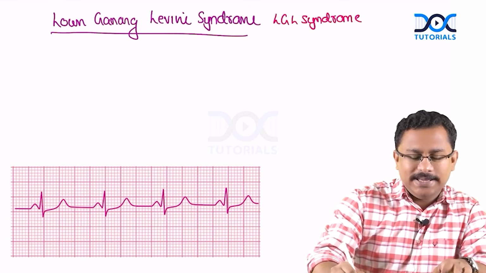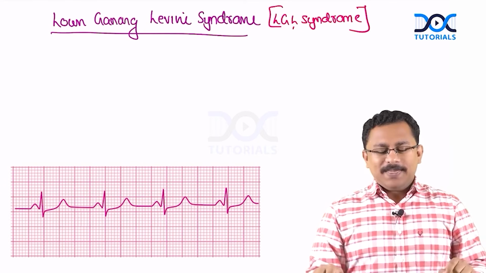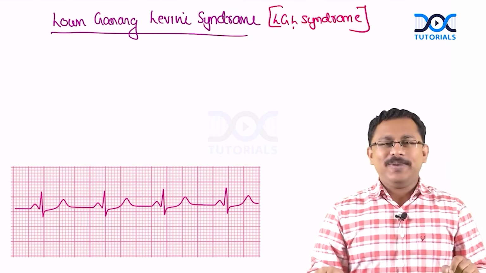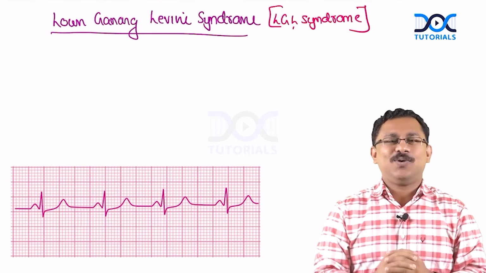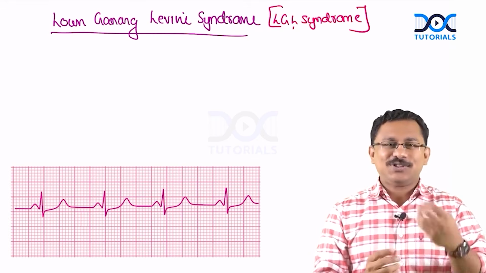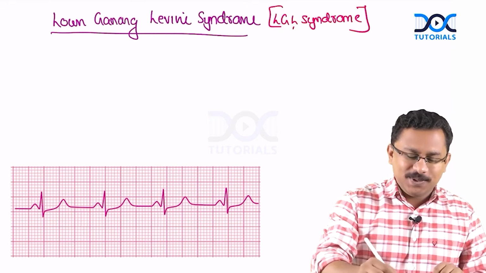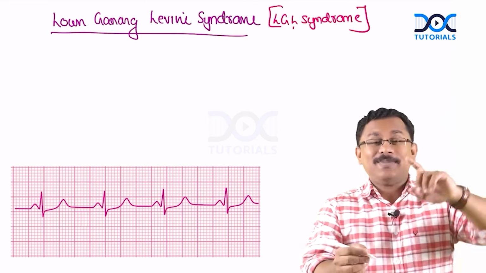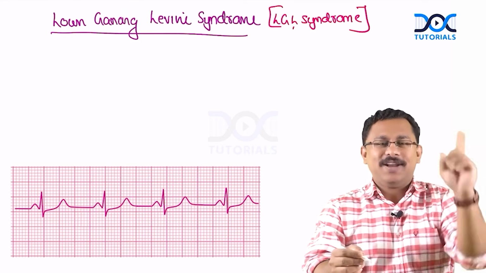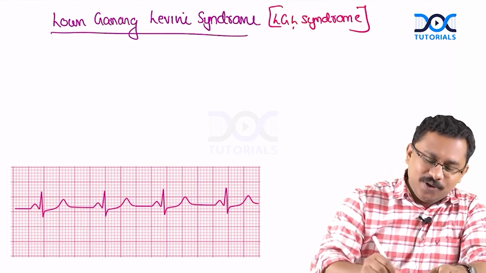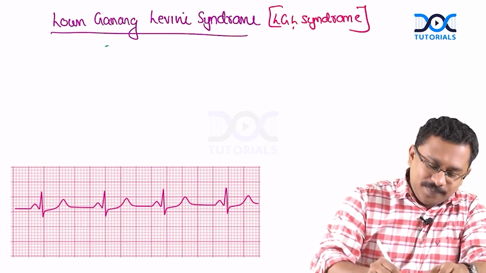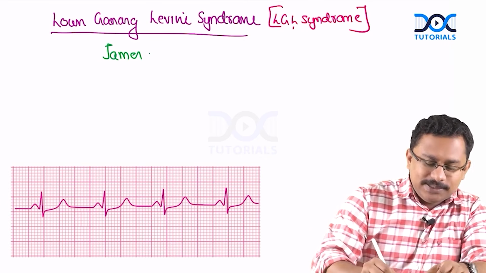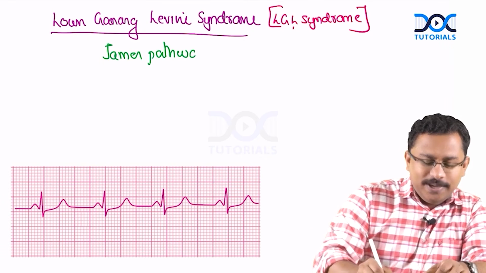So LGL syndrome is also a pre-excitation syndrome, which means here also you will have a bypass tract. Remember the bundle of Kent in case of WPW; this one is actually called the James pathway, or the James fibers.